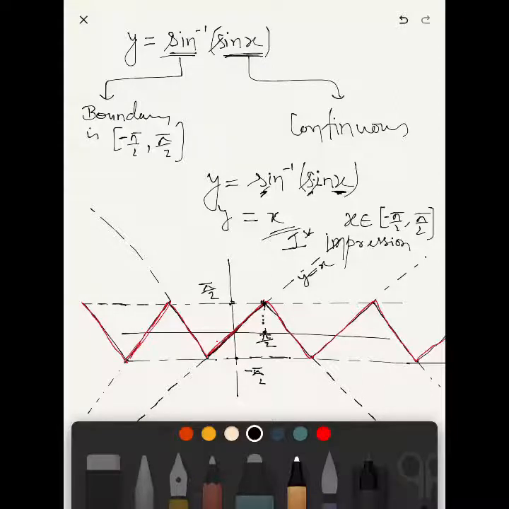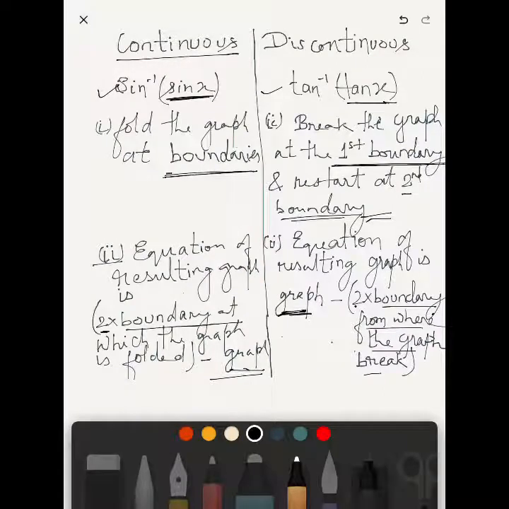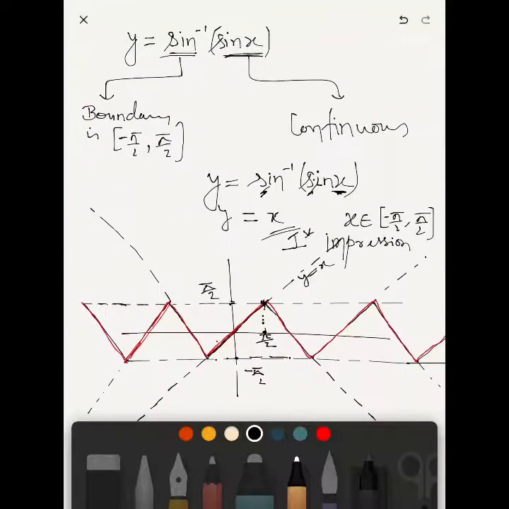So this line is y equals to x. But what happens when the graph is folded at this boundary? I have told you how you will write the equation of the new graph: 2 into the boundary at which the graph is folded, minus the graph. The boundary is pi by 2, and the graph was y equals to x, means x.